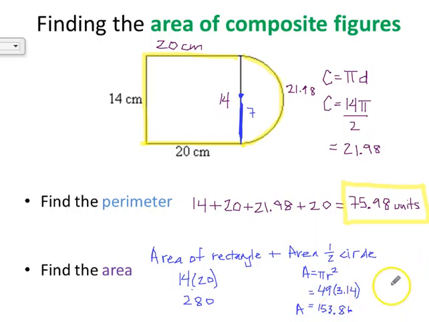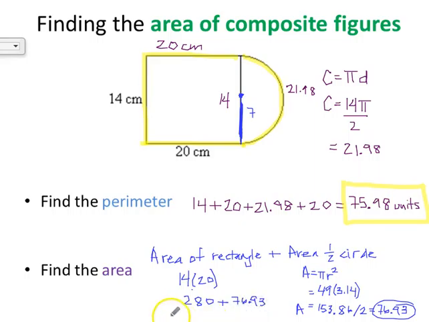Now remember, we only want half of the circle, so we need to take that number and divide it by 2. Don't forget to divide that by 2 because we're only dealing with half of the circle. And that gives us 76.93, and that is what we are going to add to that 280.